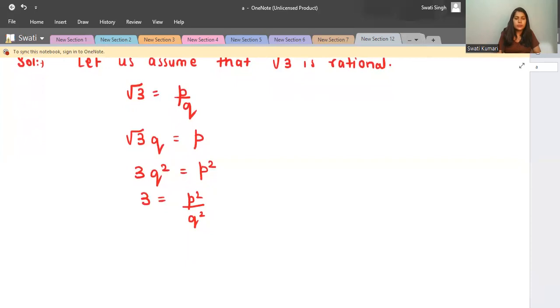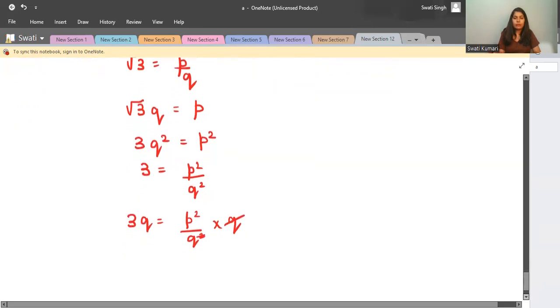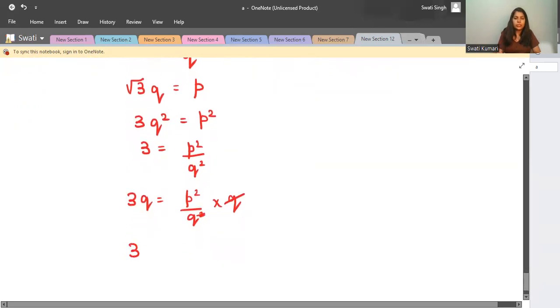So this will become 3q, and this will become p square upon q square into q. Now this q with the square will get cancelled, and now what are we getting? We are getting 3q is equal to p square upon q.